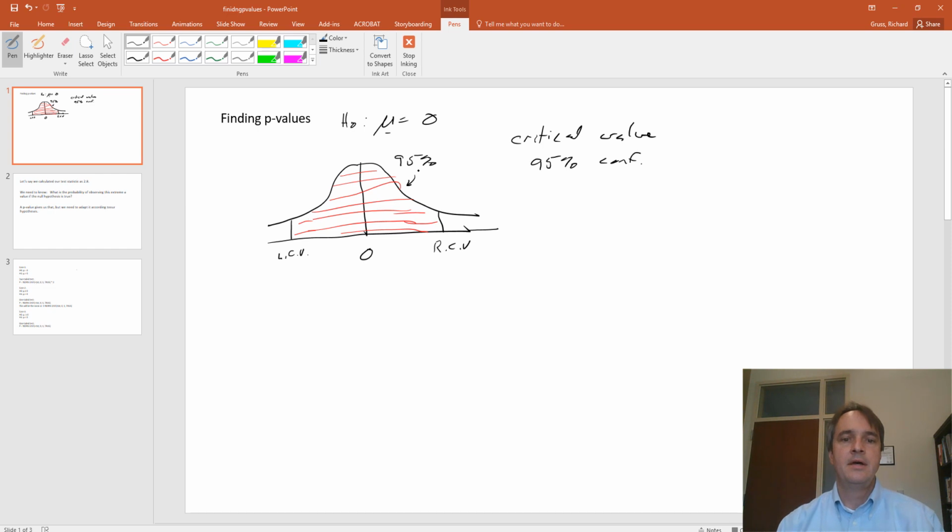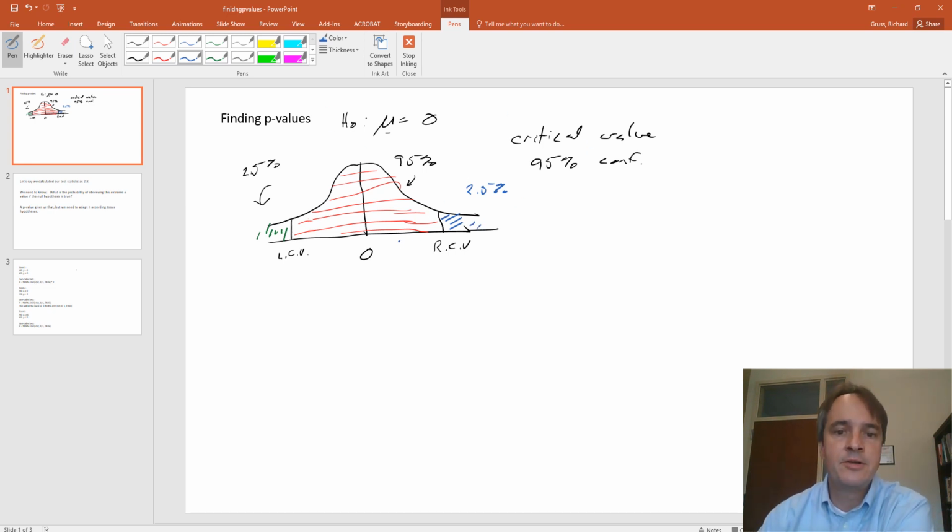So 95% of the time, if the null hypothesis is true, that is, if the population mean is actually 0, we would observe a value somewhere in here, which means that 2.5% of the time we would observe something out here, and 2.5% of the time we would observe a value out here.